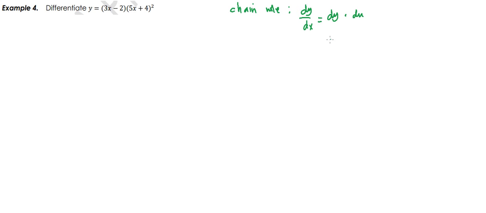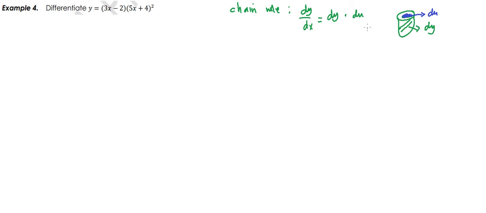Alright? So, kung meron tayong parang basket, yung nasa labas na nakikita ninyo, yan yung ating dy, and yung nasa loob ng basket, yan yung ating du. Okay?